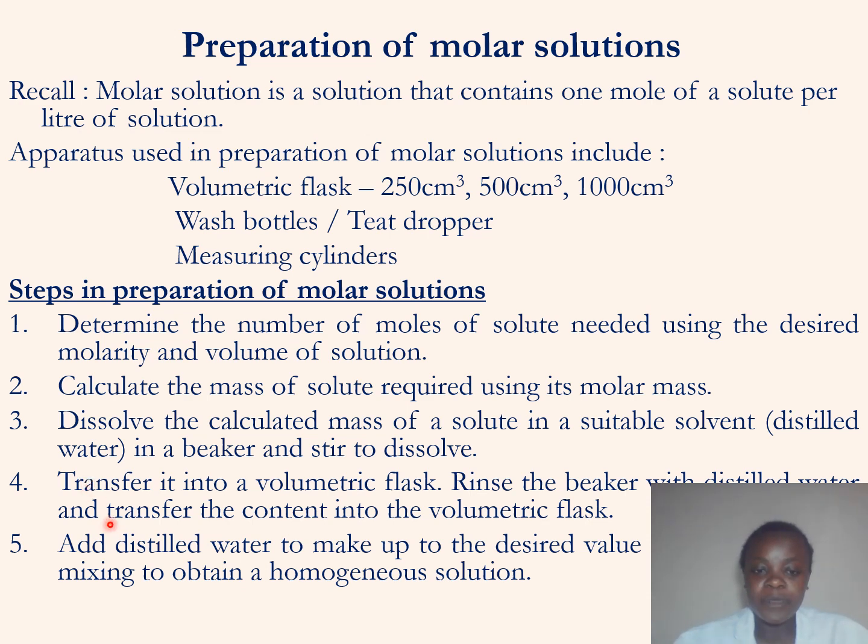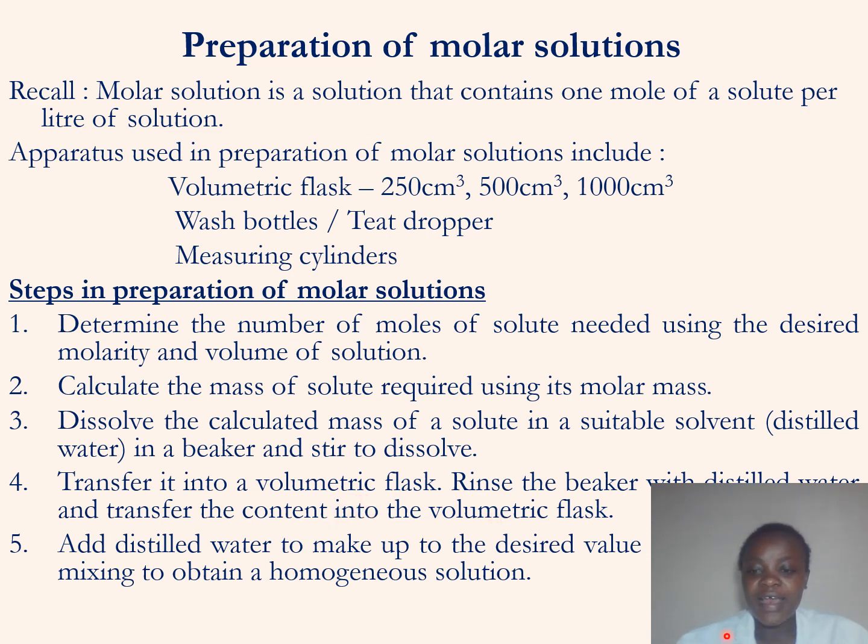Step number 4, we transfer this solution into a volumetric flask. The volume we are required to prepare will determine the size of the volumetric flask we are going to use.